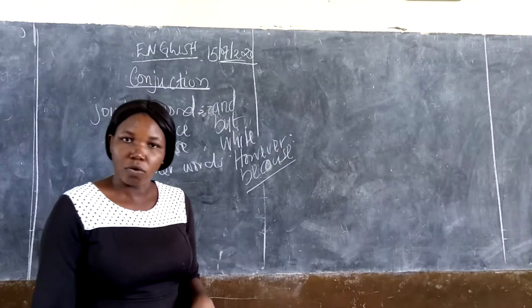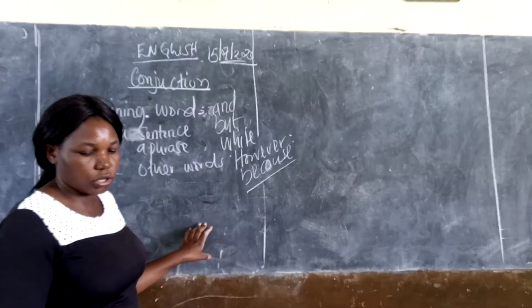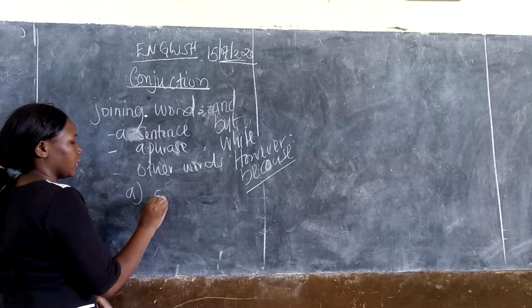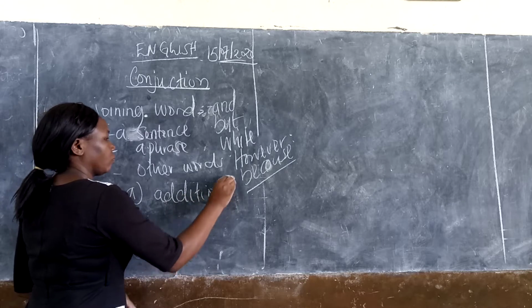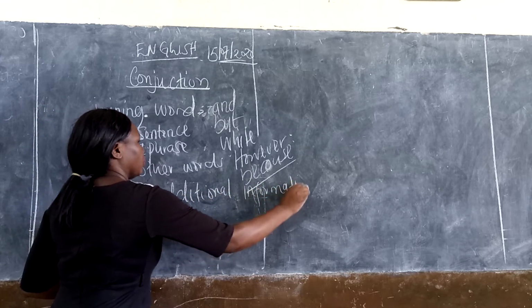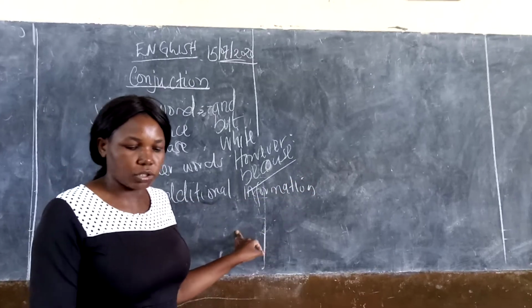One, we have conjunctions that give additional information. Which are these conjunctions that can give additional information?